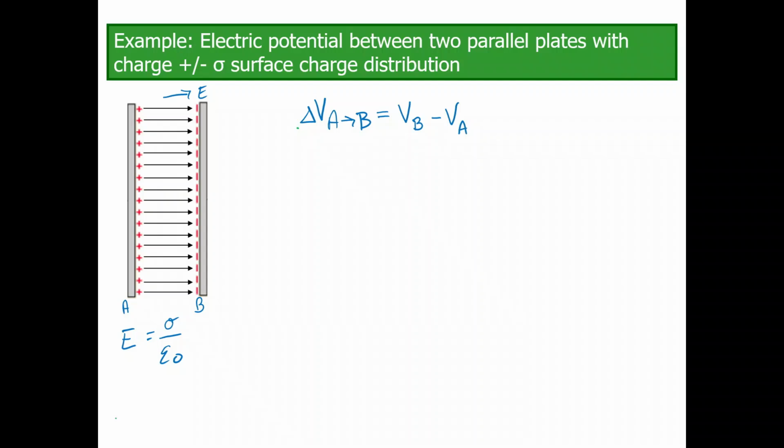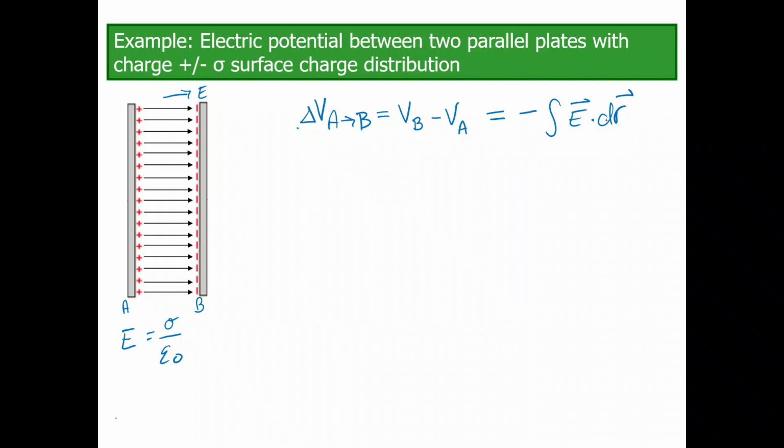So I know that my voltage, delta V_AB, is related to my electric field because it is equal to negative the integral of E dot dr. I don't need to work in terms of r, but I could write this in terms of x.